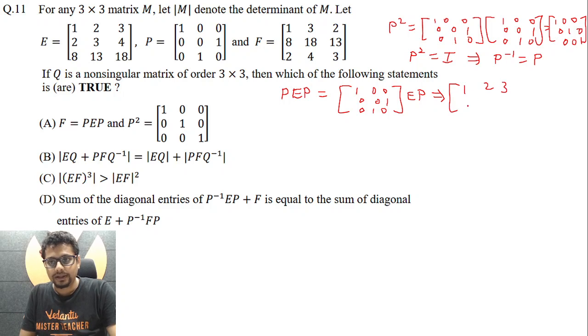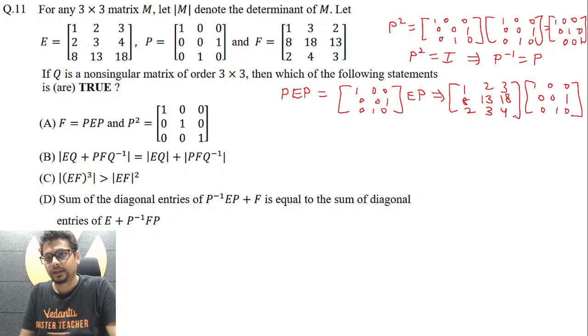1 2 3, 2 3 4, 8 13 18 multiplied by P again. Now again, if you see carefully, it is swapping of, you may say, second and third column. Check it out. You get 1 3 2, and then when you take this row and multiply accordingly, you get 8 18 13, and then 2 4 3.